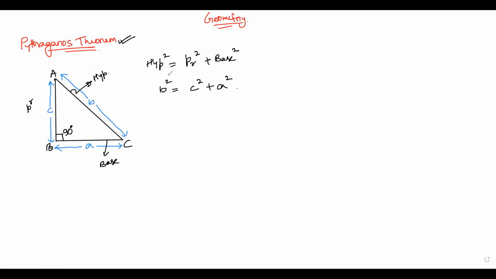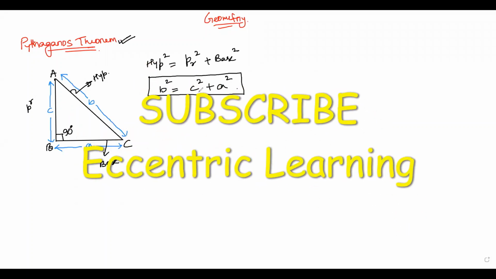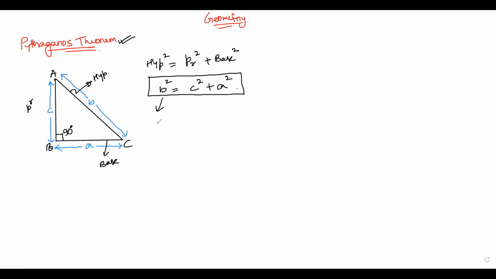That is, in a right angle triangle, hypotenuse square would be equal to perpendicular square plus base square. Conversely, if b square is equal to c square plus a square, where b is the largest side of the triangle, then the triangle can be said to be a right angle triangle.